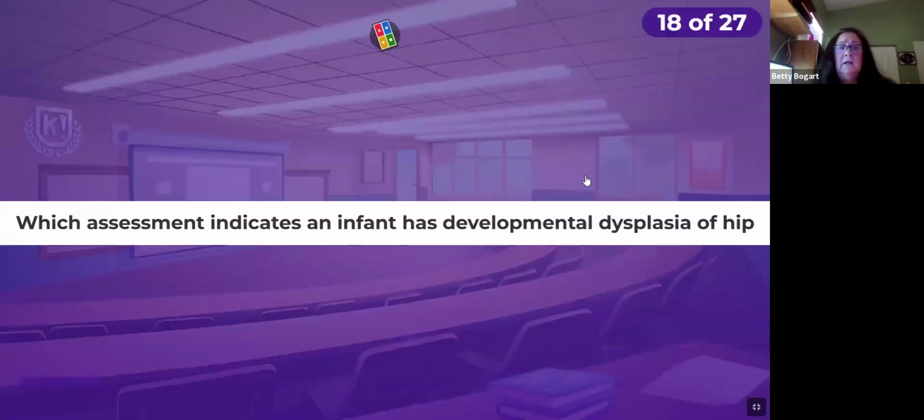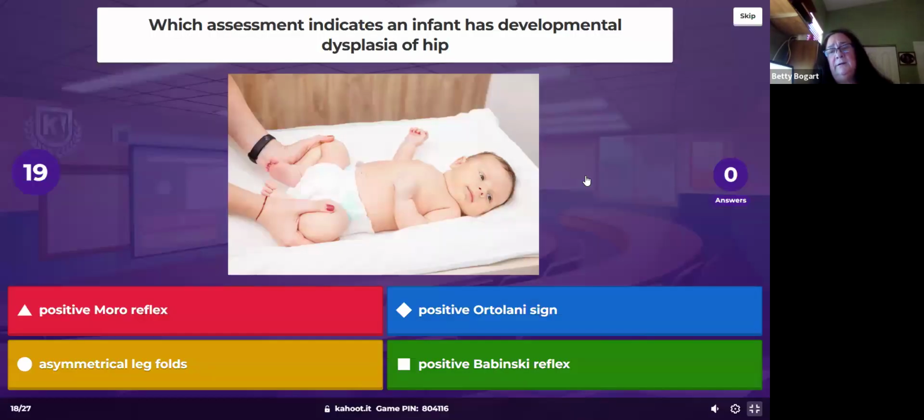Which assessment indicates that an infant has developmental dysplasia of the hip? So that first doctor's visit at the pediatrician, he's going to take those legs up and down. What's he going to see? Remember that hip is up here.